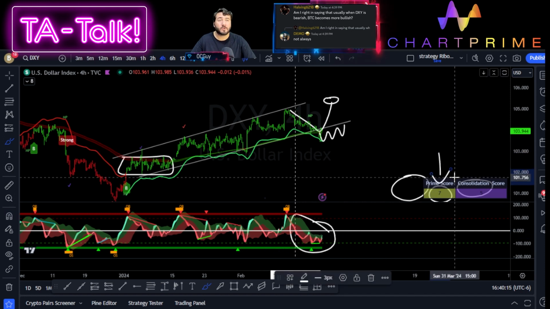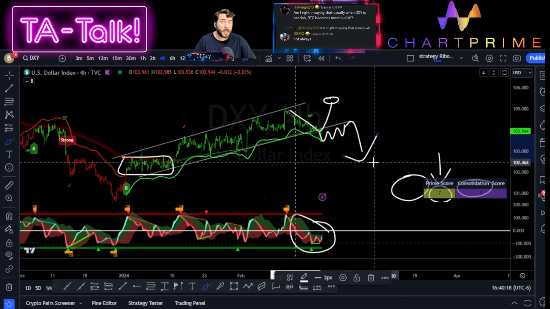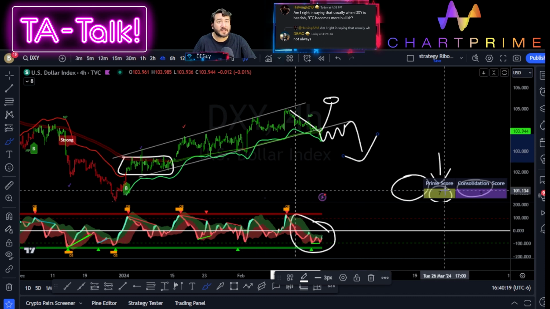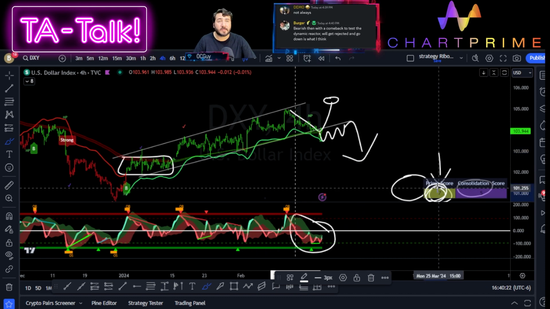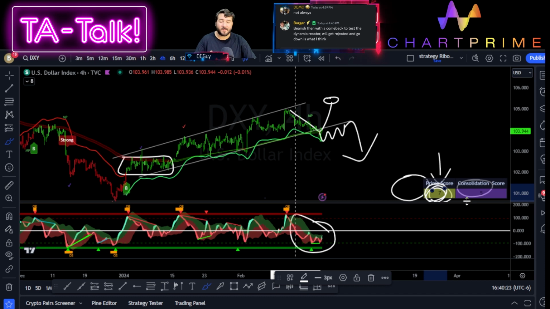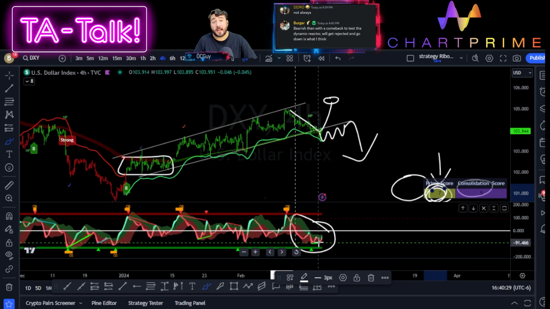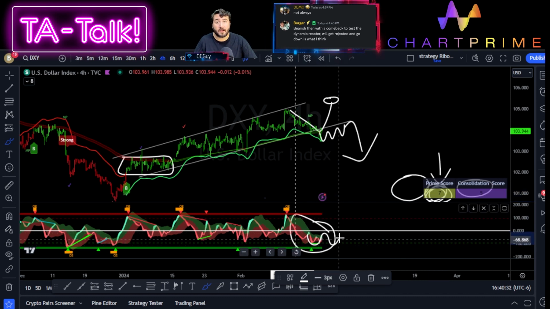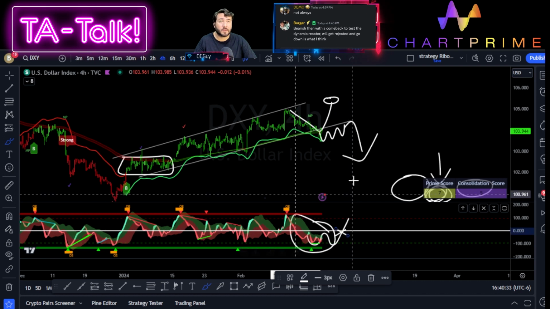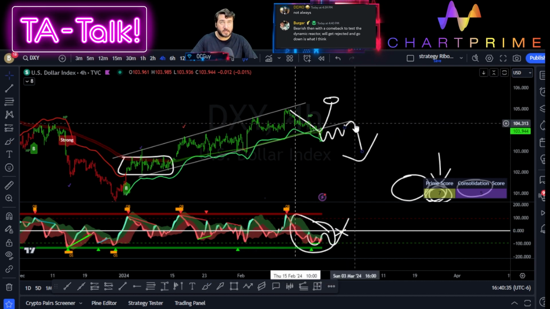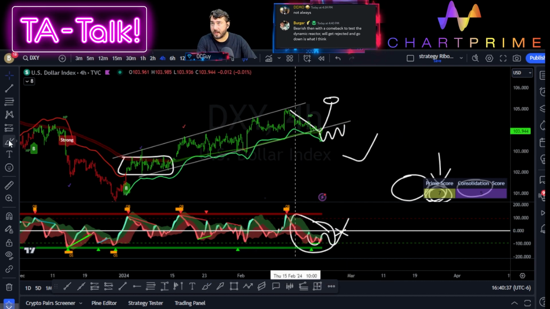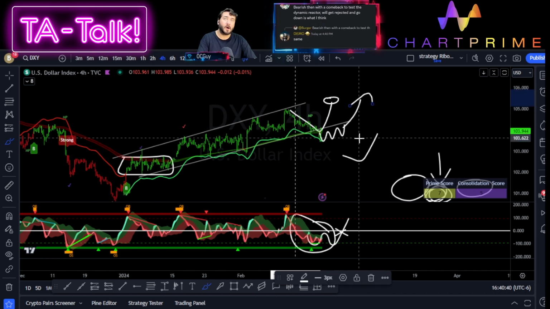If my prime score starts going lower, what's going to happen? If instead my prime score remains between 6, 7, 8, or 9, more likely 7, 8, and 9, and I'm still just hovering here, I'm eventually gonna break to the zero line, and the movement will be not to the downside, but to the upside.